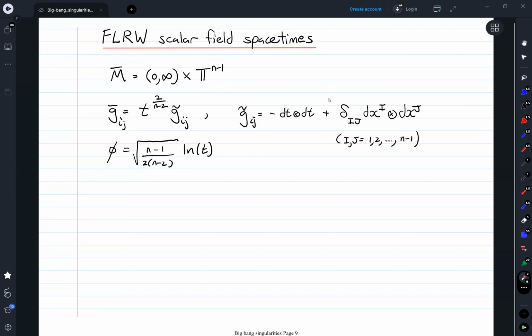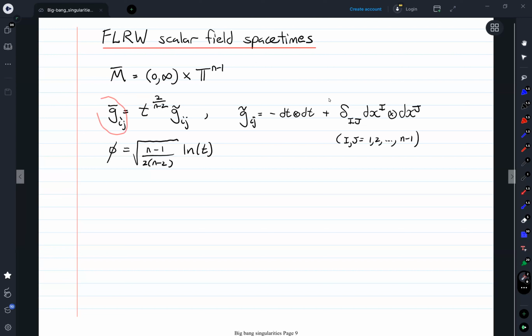Here n is the space-time dimension, so n-1 would be the spatial dimension. You can be happy enough to stick with n equal 4 because that's the physical one, but we will be allowed to have n bigger than or equal to 3. But n equal 4, of course, is the most important.